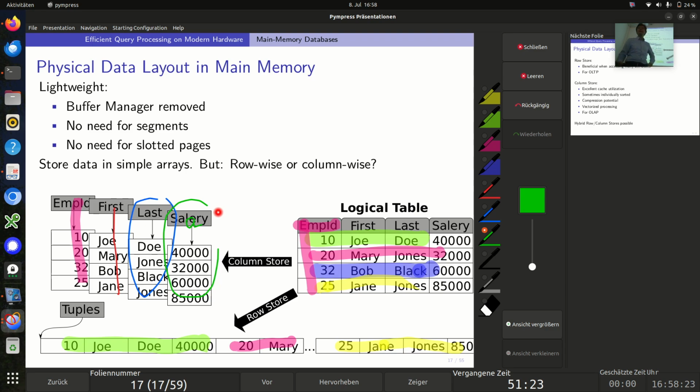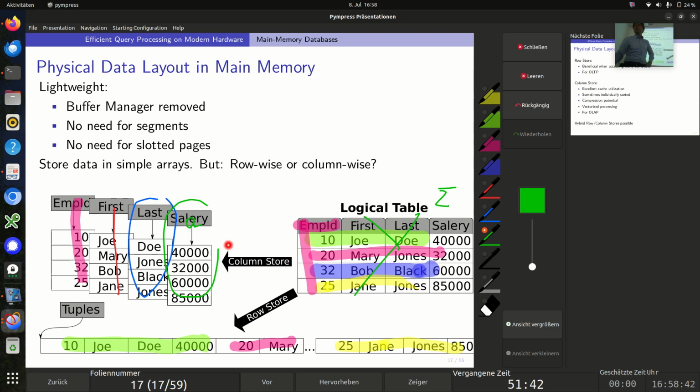And column store makes it easy to aggregate data. For example, if we just want to sum up the salary, we are not interested in the other columns anymore, and therefore we can cache the salary data.